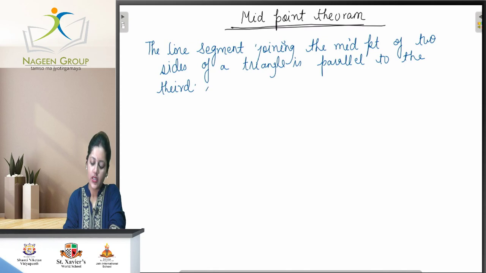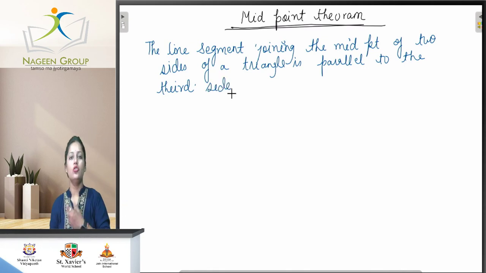What we have learned is that the line segment joining the midpoints of two sides of a triangle is parallel to the third side.